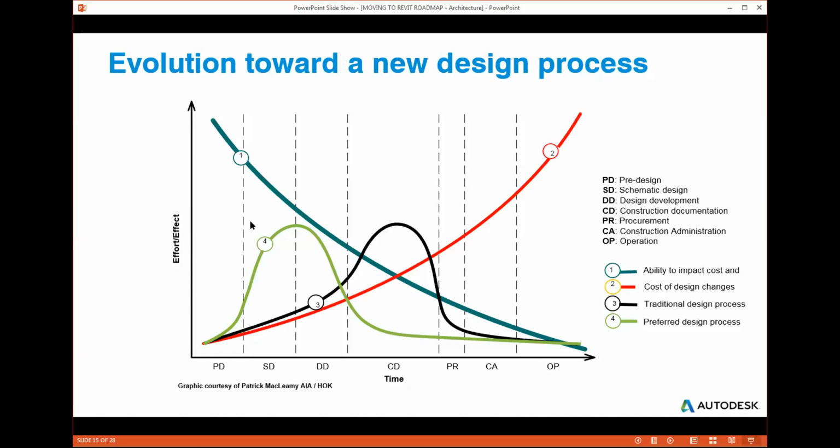So at this portion is where you have that ability. You can monitor costs closely. You can make sure that the errors are as little as possible. So if you now match this graph with the preferred design process, you see that you're concentrating your effort in the area where you have the most power.